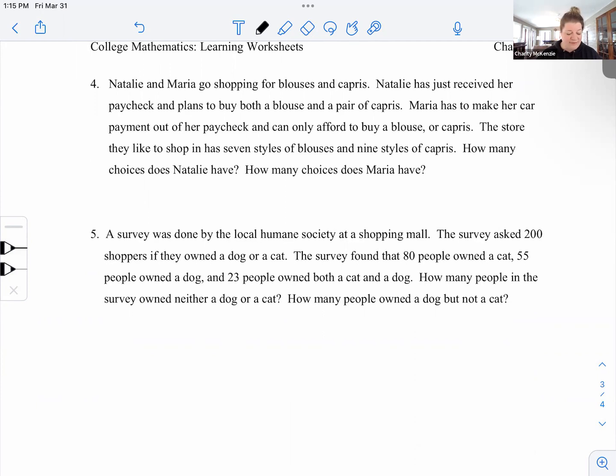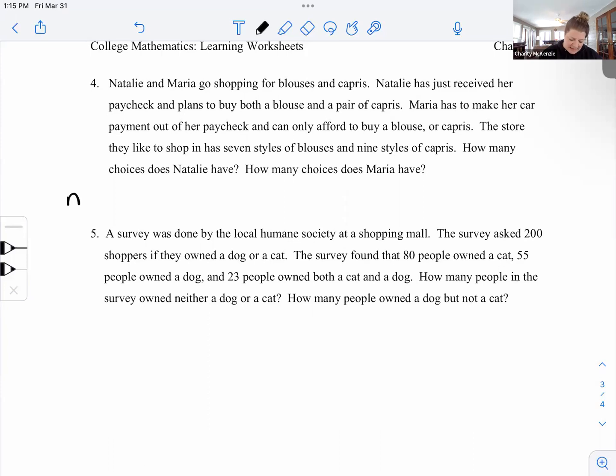Natalie has just received her paycheck and plans to buy both a blouse and a pair of capris. Maria has to make her car payment out of her paycheck and can only afford to buy a blouse or capri, one or the other. The store they like to shop at has 7 styles for blouses and 9 styles for capris. Okay, let's look at Natalie.